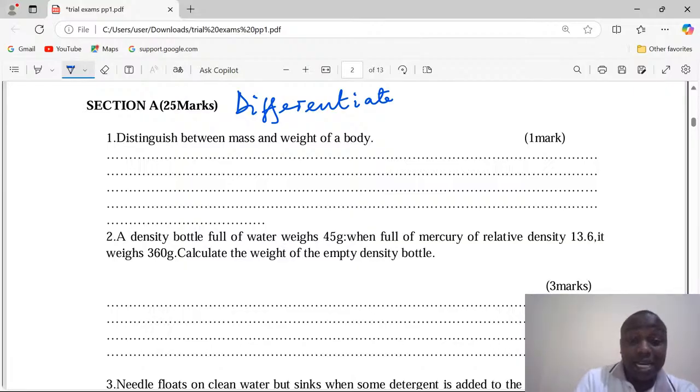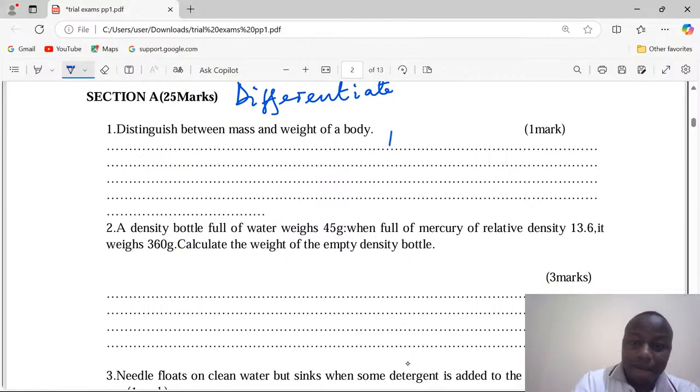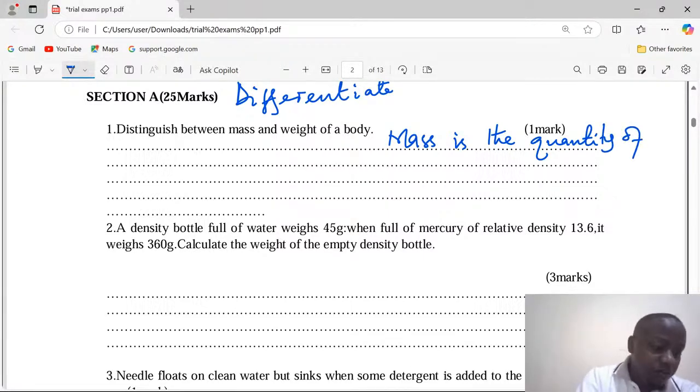Distinguish between mass and weight. Mass is the quantity of matter in a substance. You give the definition.